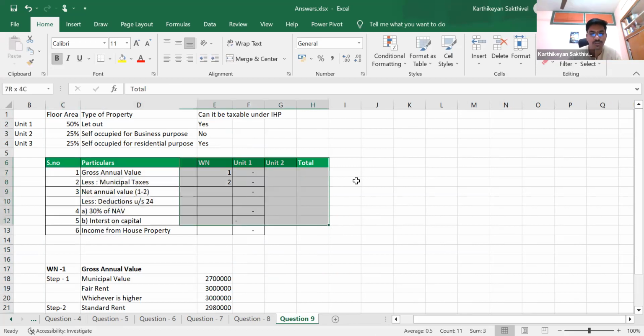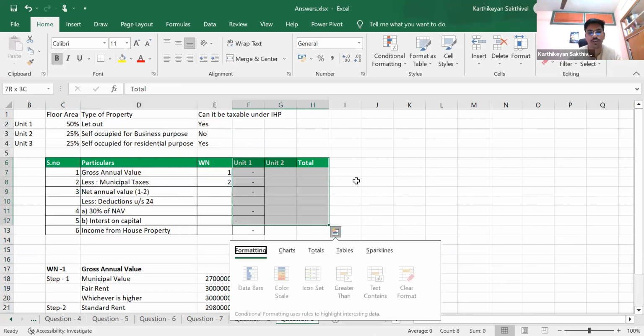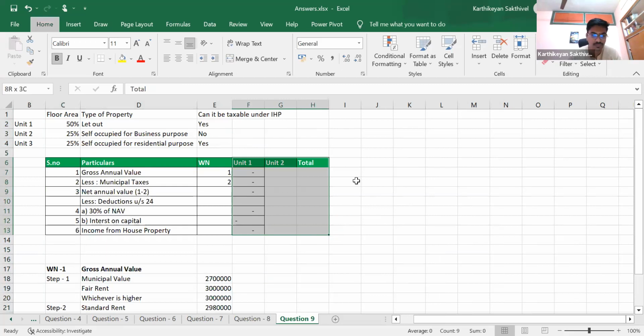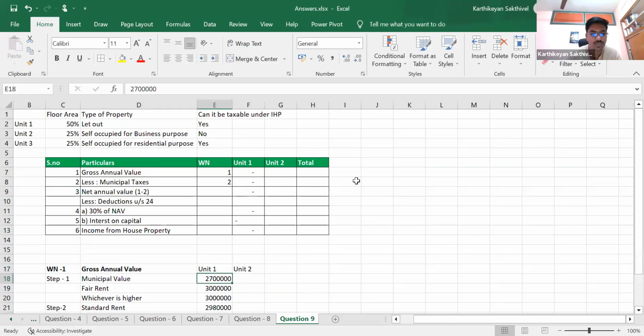Same thing, we are just going to do 3 times, that's it, for 2 different house properties. So this is for unit 1 and the next one is for unit 2. What is the municipal valuation? Did they give you municipal valuation?